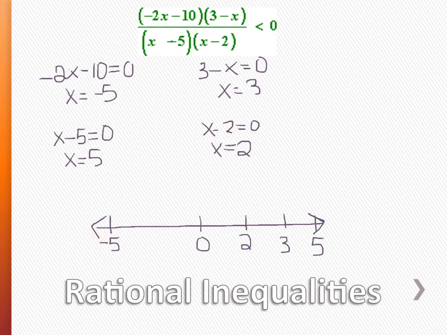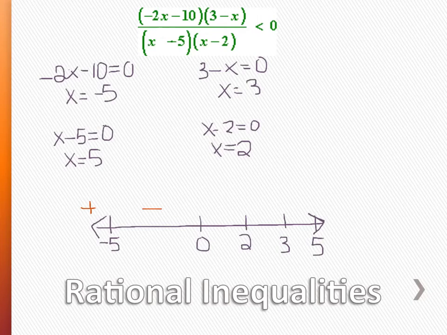Looking at negative 5 in our graphing calculator, we can see that as x continues to get more negative on our number line, our y values are positive. So we're going to mark that here with a plus sign. Now we want to look at what's happening in between negative 5 and 0. Looking at our y values between our x's of negative 5 and 0, we can see that they're negative.